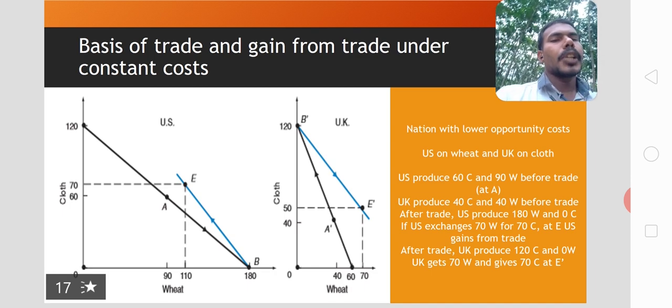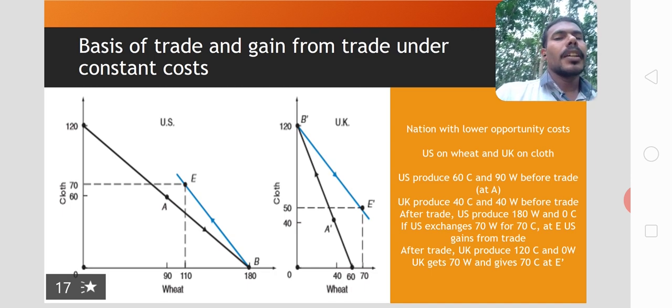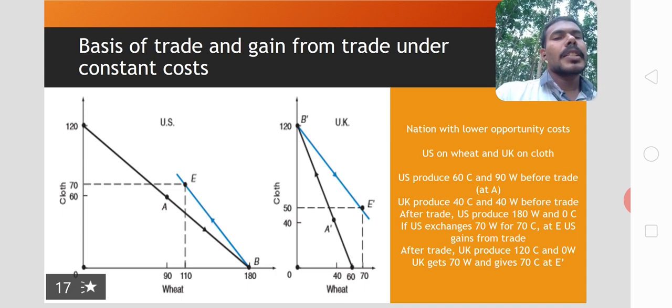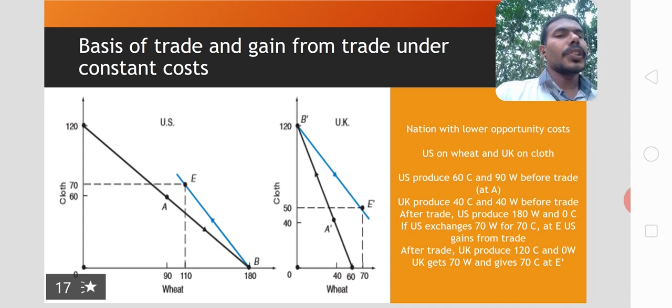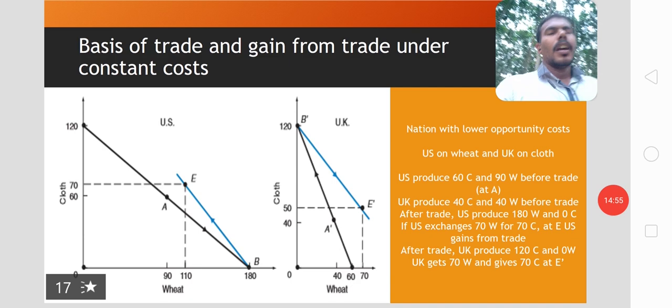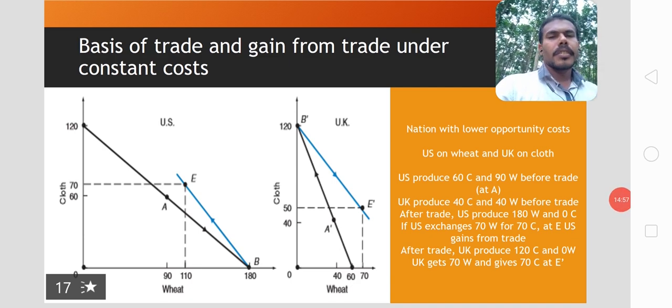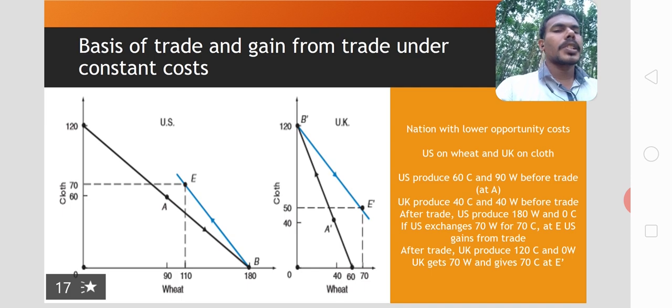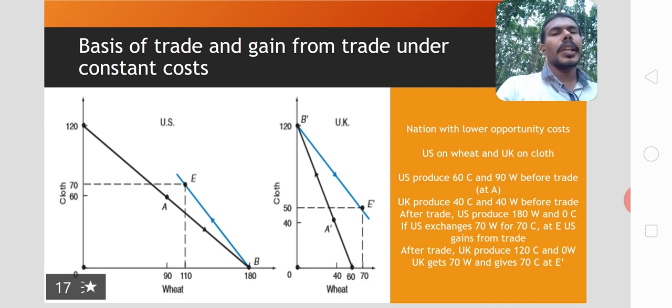At the same time, the United States needs cloth. Cloth was imported from the United Kingdom. Since the UK specializes in cloth, the US specializes in wheat. After international trade, 70 units of cloth were purchased by the United States from the UK, that is, imported from the UK.